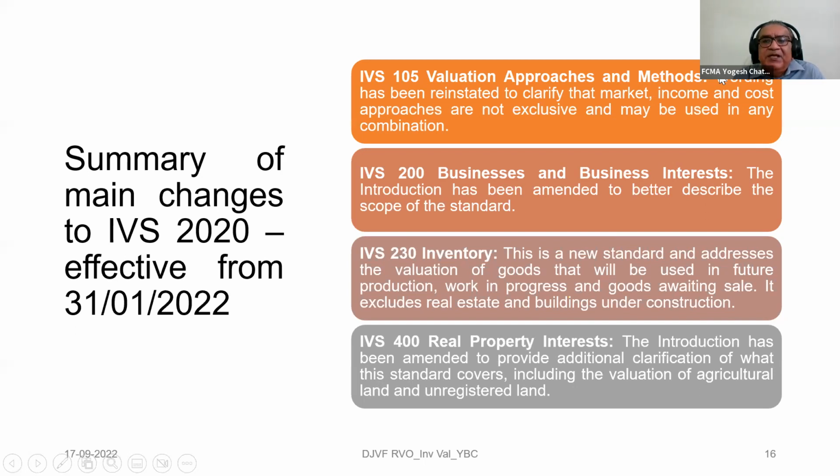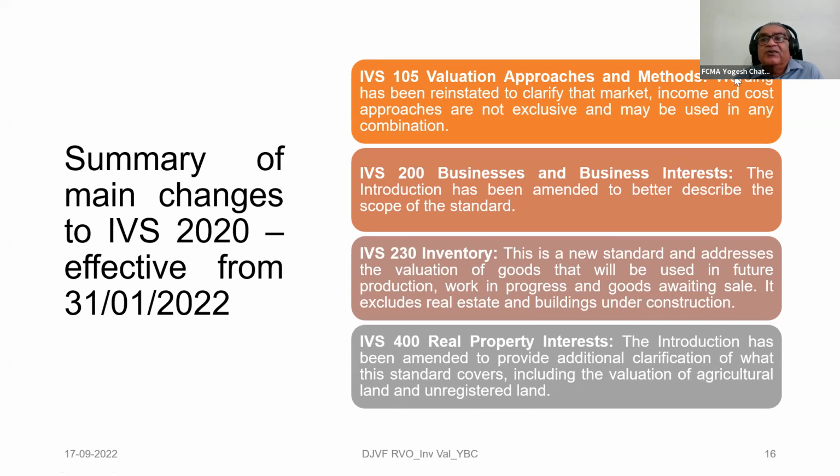We have to keep in mind this IVS 230 is not applicable to real estate inventory, or inventory of real estate projects. And again, IVS 400, which is related to real property interests. Their introduction has been amended to provide additional clarification of what this standard covers, including the valuation of agricultural land and unregistered land.